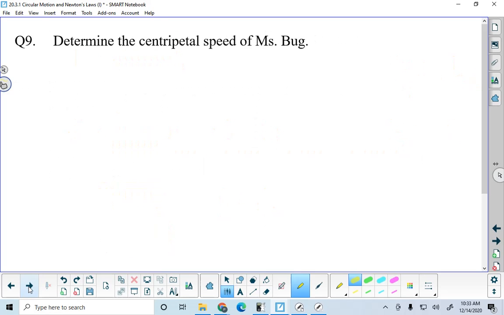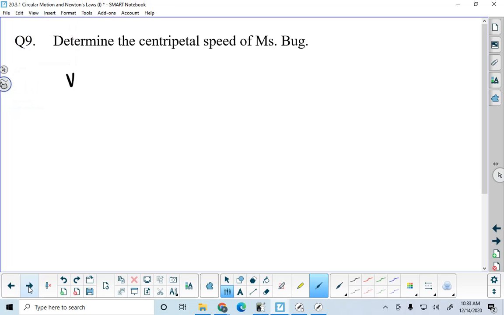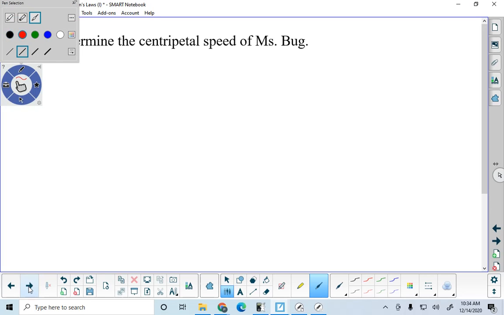What is the centripetal speed? So how fast is this bug moving? Well, we can start off by saying speed equals distance over time.